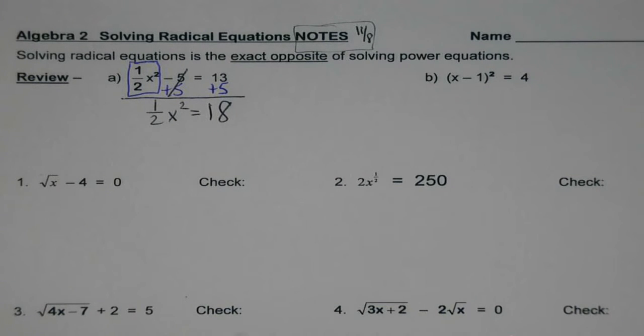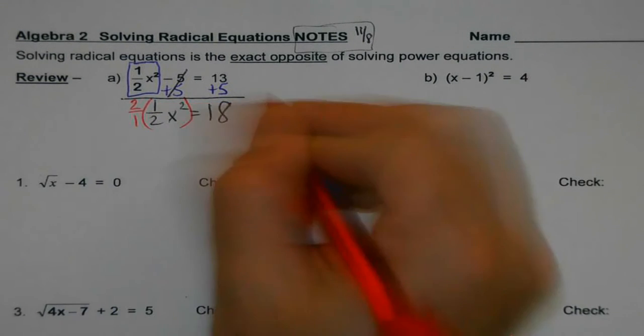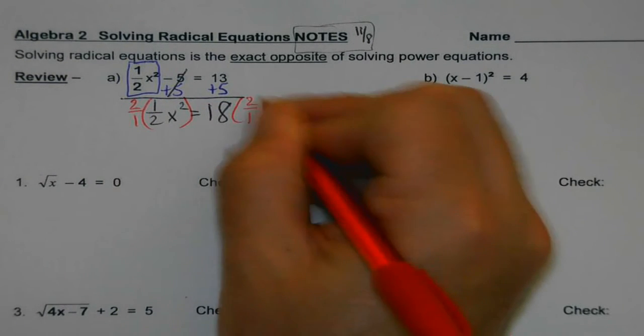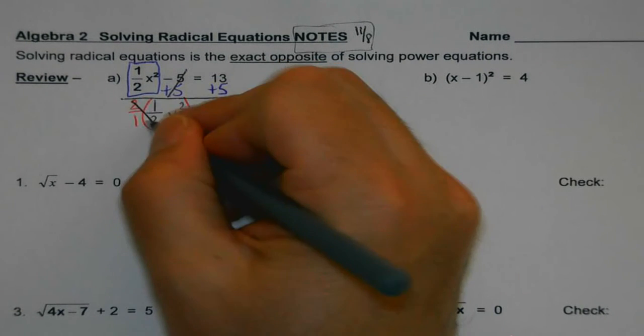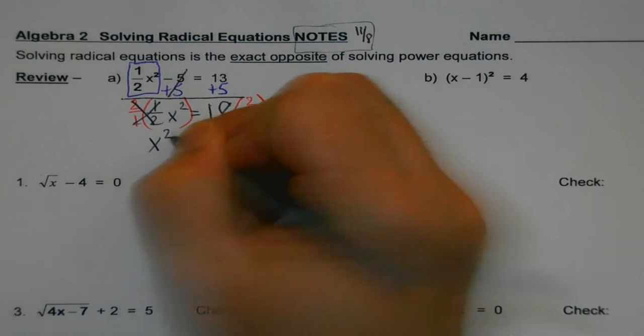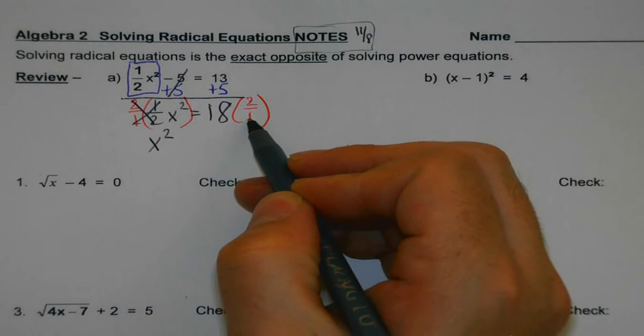And my suggestion here would be, instead of trying to divide by a half, because some of you have some issues with that, that instead we would multiply by the reciprocal. Because by doing it that way, all that stuff goes away, which is a good thing. And 2 over 1 is really just 2.